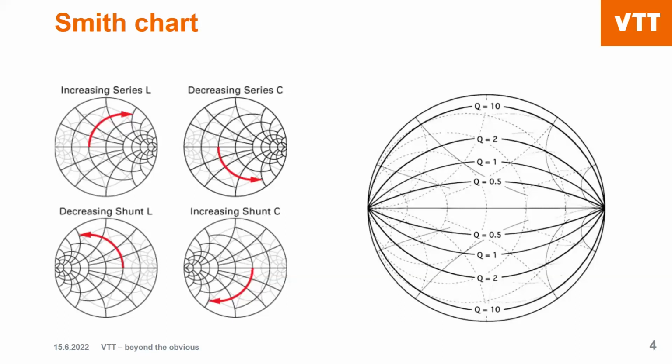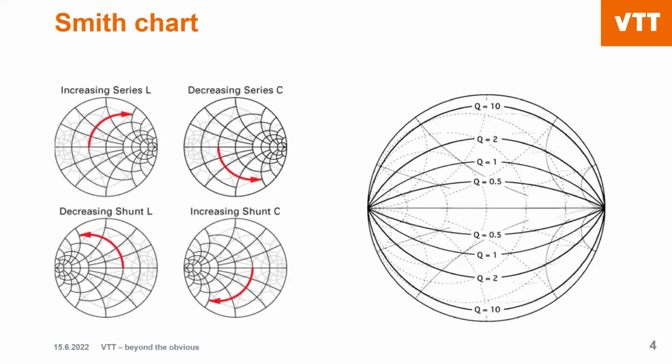And then there is increase in series L and series C, so you can play with those too. And in radio engineering, you might remember that if you have a series transmission line, you can circle the center of the Smith chart. It's not shown here, but you can easily test it in a circuit simulator.